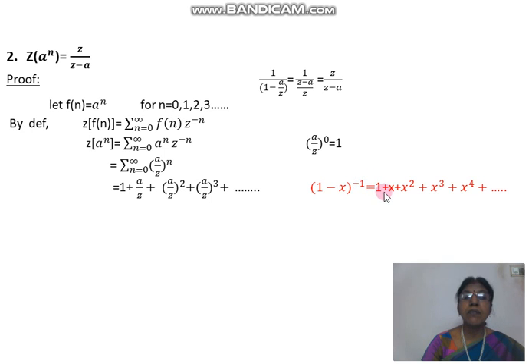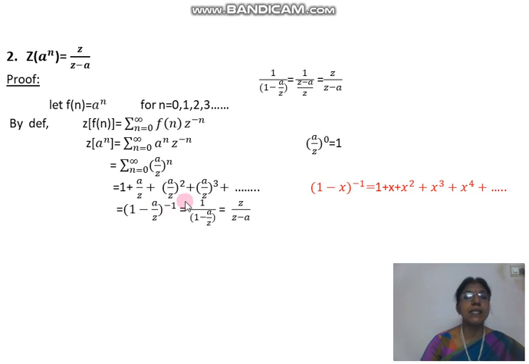So the sum of all these terms up to infinity can be written in a single term. What is the term? 1 minus x inverse. Now you compare this one with this series. This is also in the form of 1 plus x plus x square plus x cube and so on. What is x here? a by z. Now this series sum can be written as 1 minus x inverse.